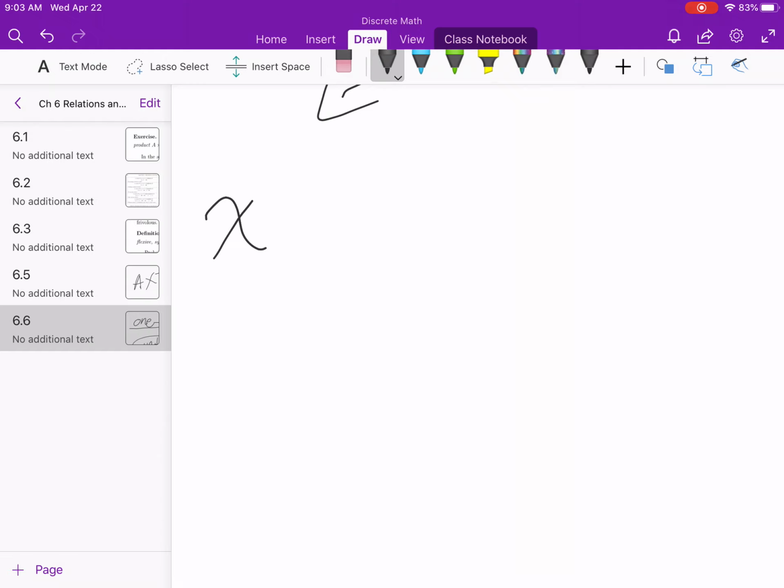So if I have a characteristic function of some set S, let me see. If I let S be some set, then we could consider S to be some subset of some bigger set, I don't know, A. And I could define my characteristic function this way.